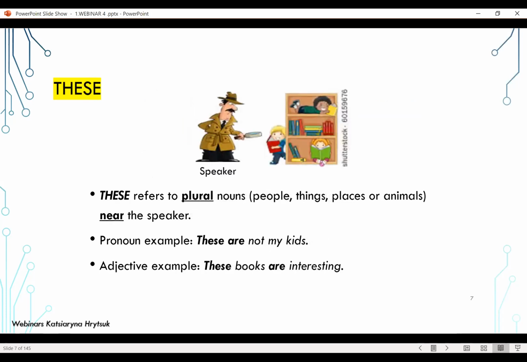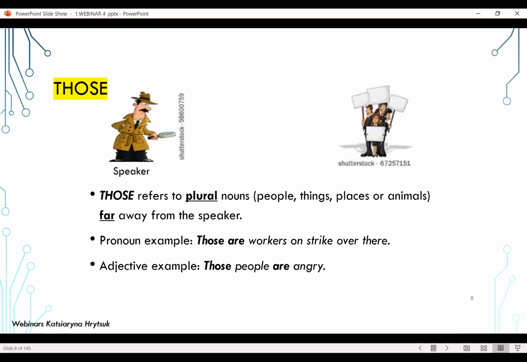The same with these. Pronoun example: these are not my kids. Be careful with the reading, this and these. Okay, and adjective example: these books are interesting. And the same with those. Those refers to plural, as I said, and far away. Those are workers on strike over there, which is very common for France.